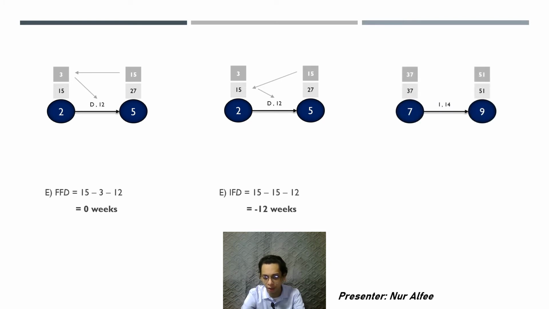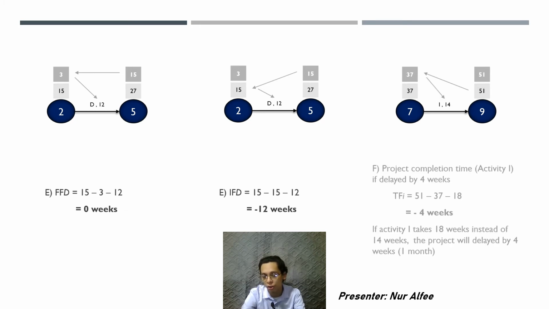For the next question, we need to find the total float for activity I. For this one, the formula is the head of the LET needs to minus the tail of EET and minus the duration. So as you can see, this is the formula.